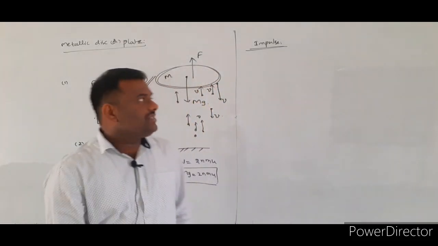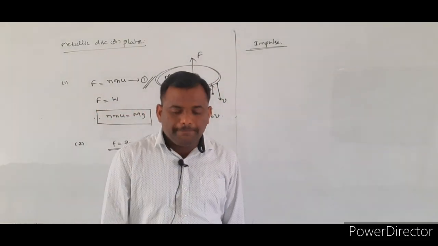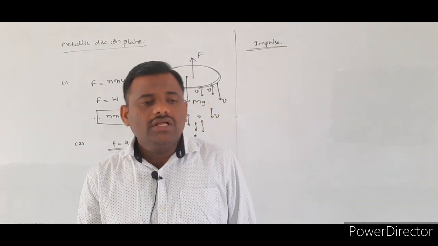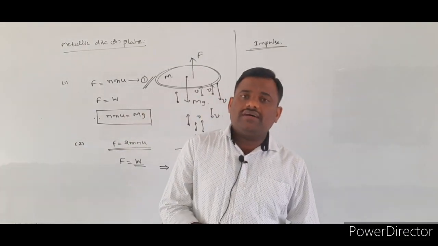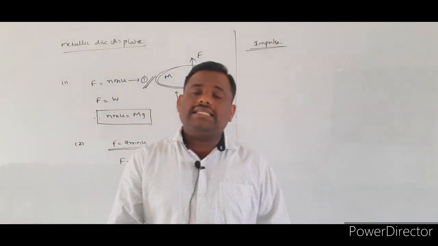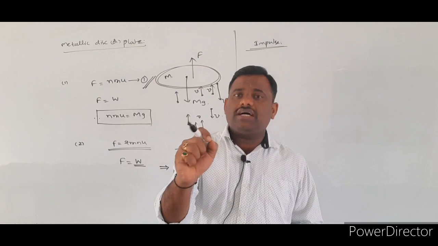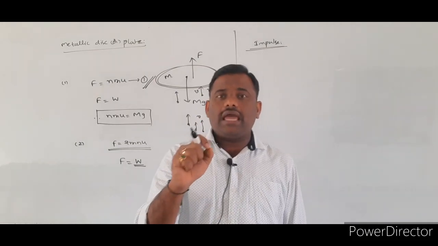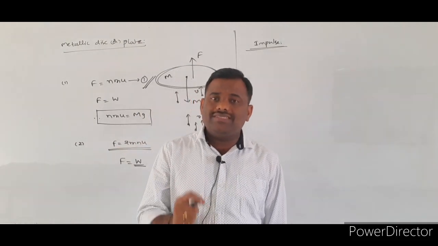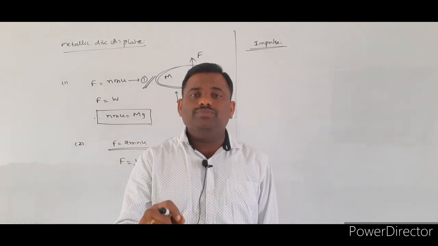The next application is an important one, impulse. It is already covered in the theory also. What is impulse? Whenever a large force acts on a body for a very short time interval, that force causes a change in momentum.